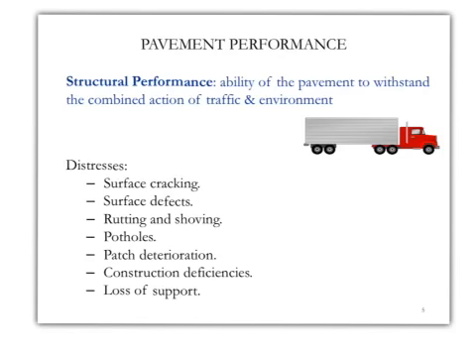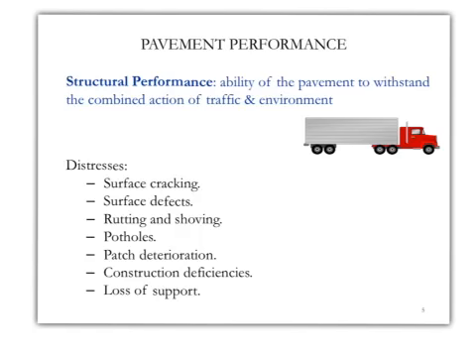So there was a pothole, we came back and tried to patch it, and over time that patch wasn't done right, or the life of that patch is over, and now we see the patch deteriorating. Also, we can see construction deficiencies as part of the distresses. For example, there are some spots we didn't compact very well, or the mix was too cold while compacting it, and that's going to cause extra distresses on the road.